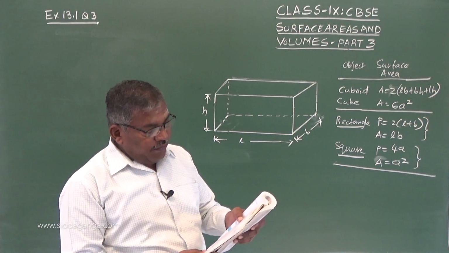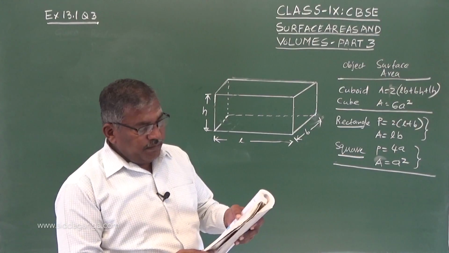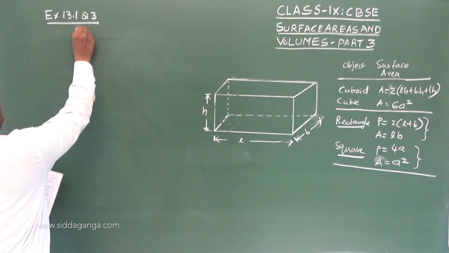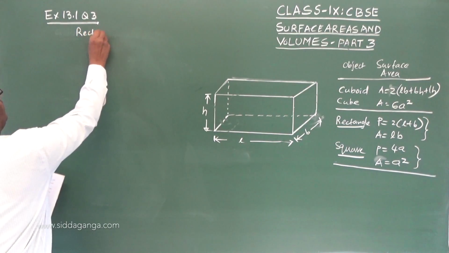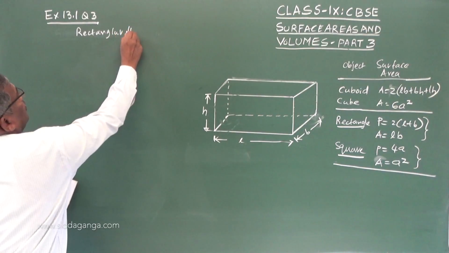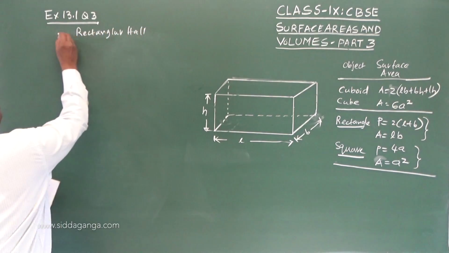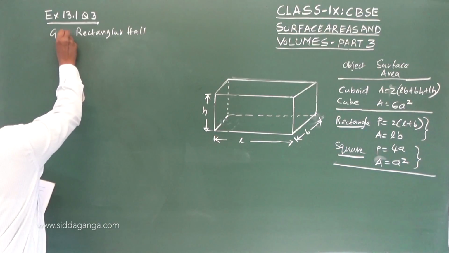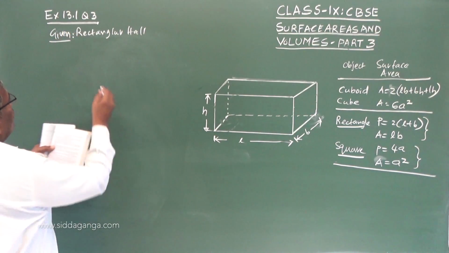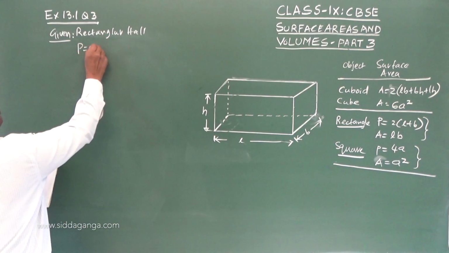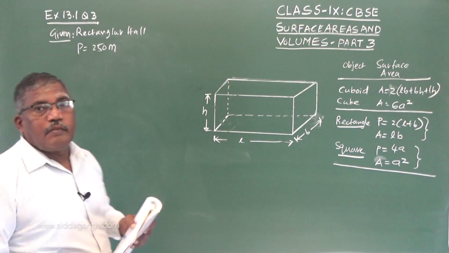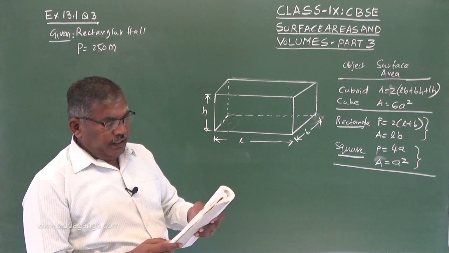The floor area of a rectangular hall has a perimeter of 250 meter. So this is the given data: a rectangular hall, and its perimeter is 250 meter.